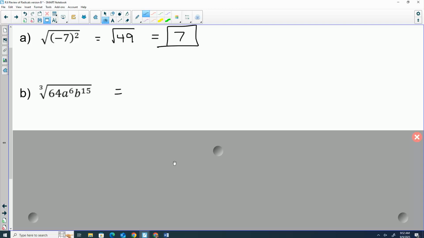All right, for my variables, we can think, I have 6 A's, how many groups of 3 do we form? 2, it's just like dividing, 6 over 3. If I have 15 B's, how many groups of 3 do we form? 5. 15 divided by 3 is 5.